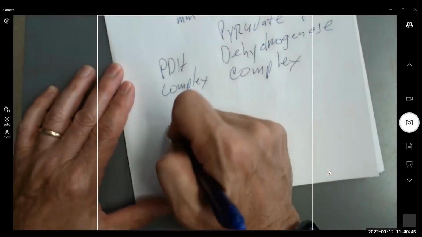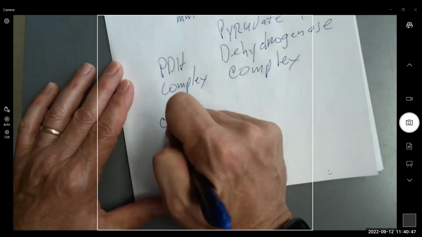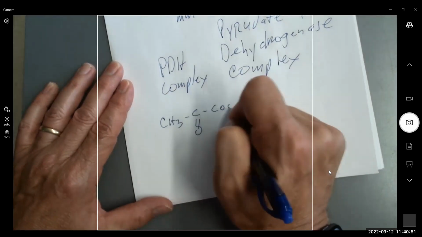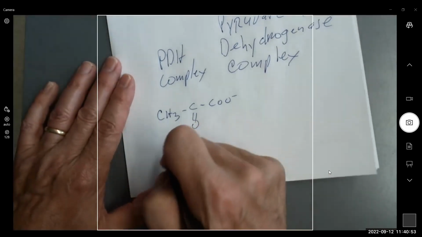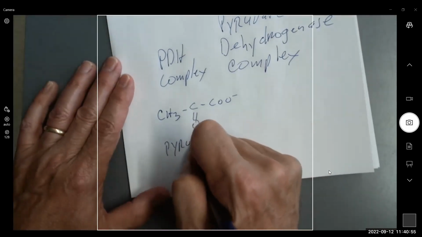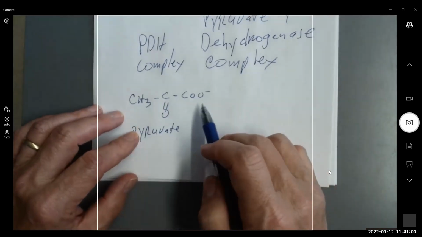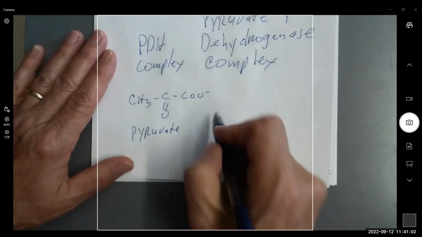And this is going to take your pyruvate. That's pyruvate. You don't need to know the structure. I'm just drawing it out to show you what happens to this molecule.